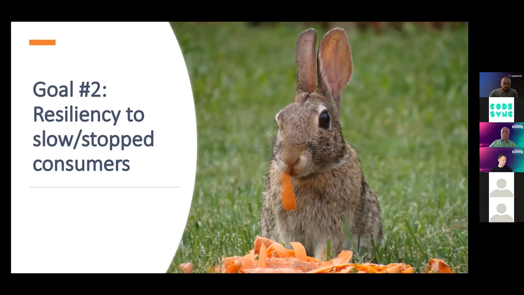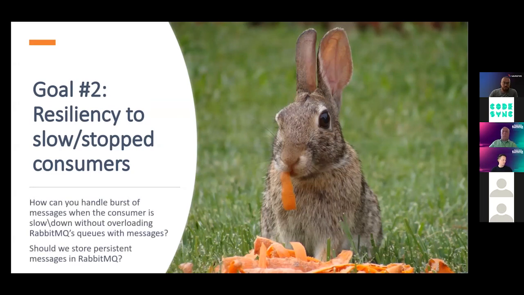But there are some problems with that, and we're going to discuss this. The main issue is how we handle bursts of messages when the consumer is too slow or the consumer is down.